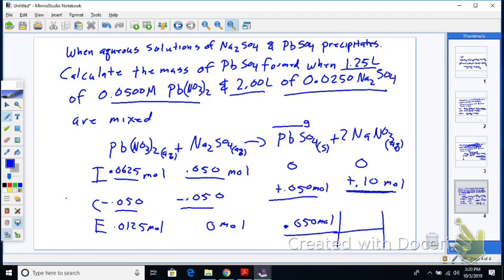So for every 0.05 moles of PbSO4, I have 1 mole of it is going to equal 303.3. And then I got my answer. My answer is 15.2 grams. That's how much is going to be made.